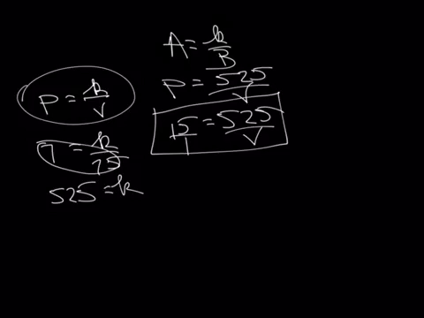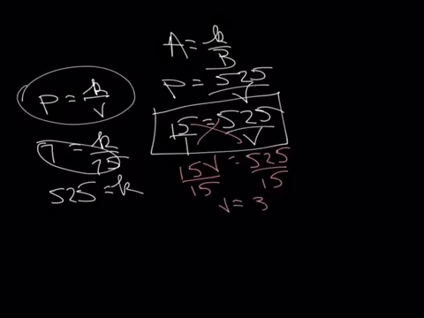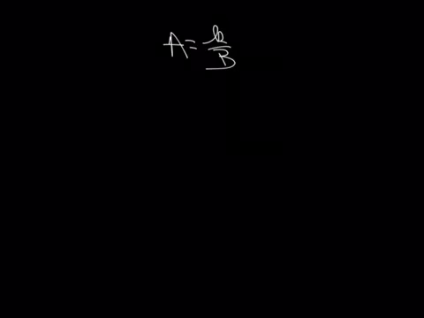Make that a fraction, so we have two fractions, and then we can cross multiply. So 15v equals 525 times 1, which doesn't change anything. Divide by 15, and your v equals 35.